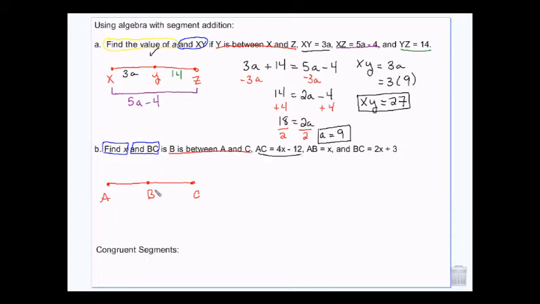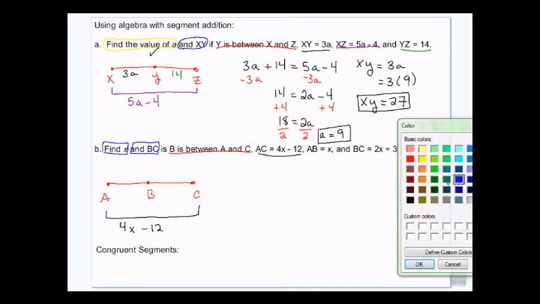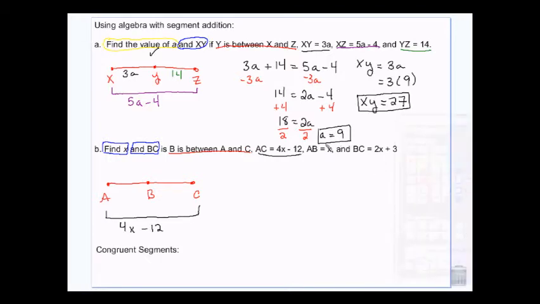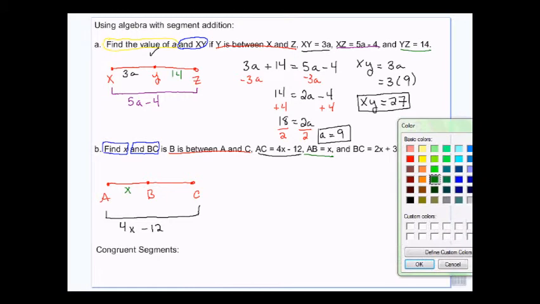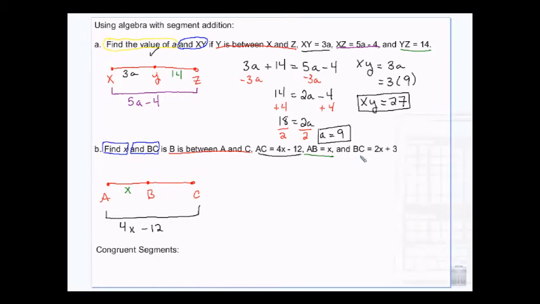AC is 4x minus 12, so this whole thing, 4x minus 12. AB is x. And BC is 2x plus 3.